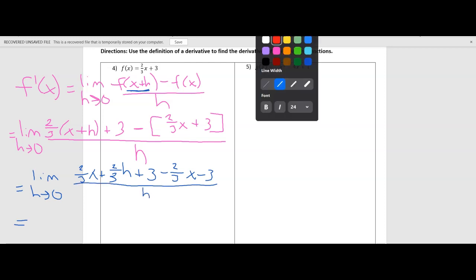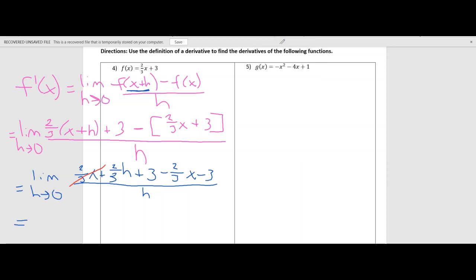If I then simplify out my numerator, 2/3 x and negative 2/3 x simplify, 3 and negative 3 simplify, and I'm left with the limit as h approaches 0 of 2/3 h over h.